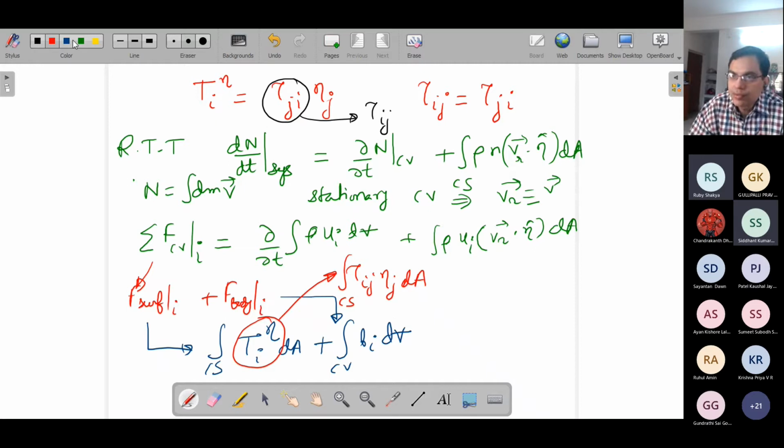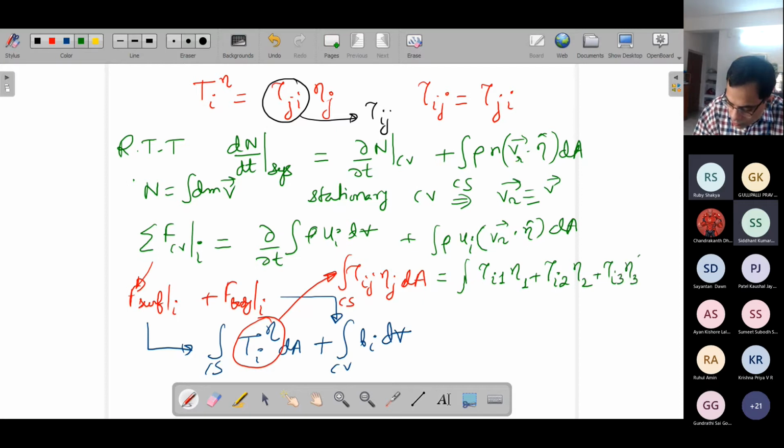So in an effort to do that, let us just simplify what it is. So this is tau I1 eta 1 plus tau I2 eta 2 plus tau I3 eta 3.